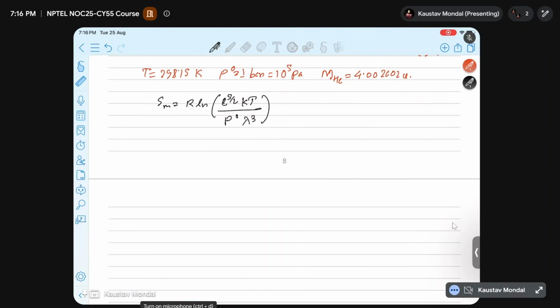So molar mass is given, so from the molar mass you have to calculate the atomic mass.